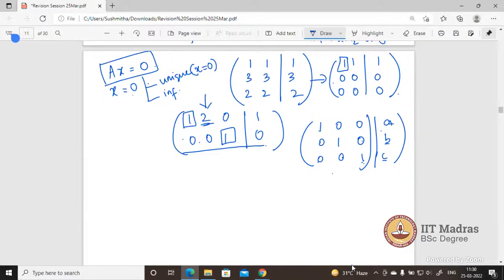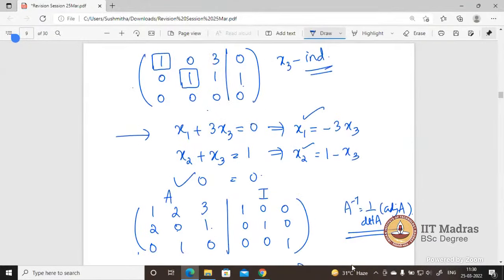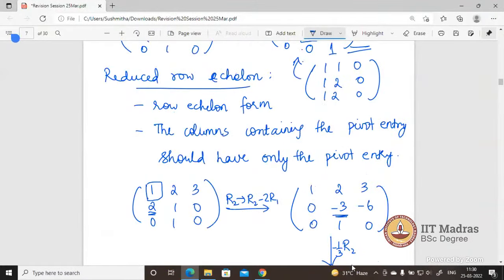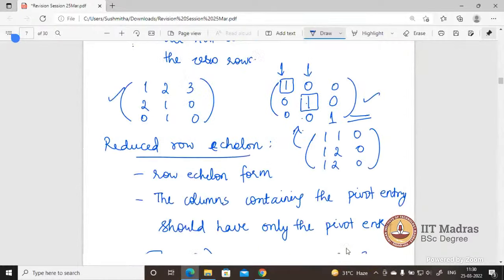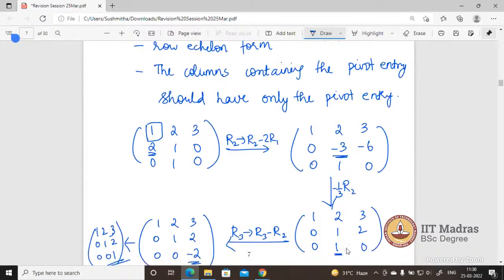Ma'am, can you just show me that when you were explaining the row echelon form? Okay. Yes, ma'am. Here, stop, ma'am. Go down. Come to row reduce, row echelon, row reduce.